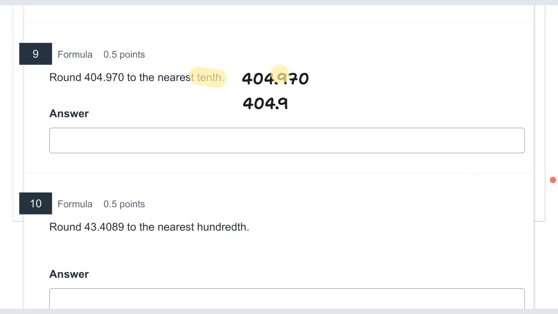Now, to write the one above it, when I go to increase that 9 one spot, I look at this as 49, not just 9. And then when I increase the 49, I increase it to a 50. So when I write the number above this, instead of 404, this is 405.0.